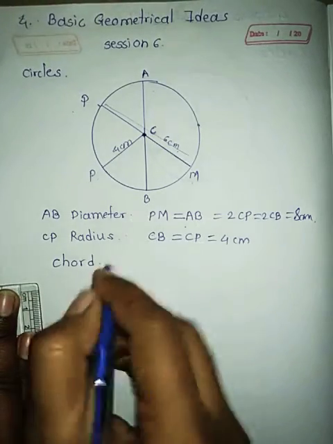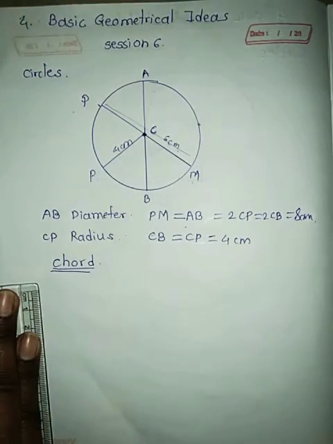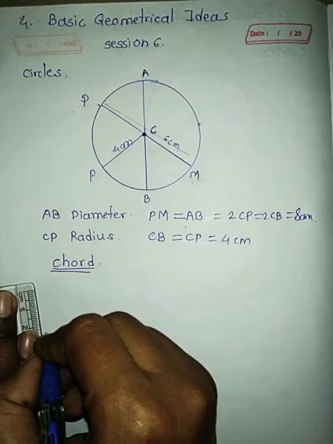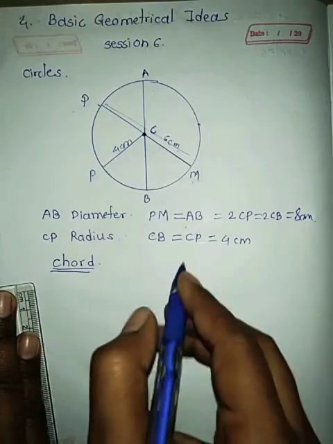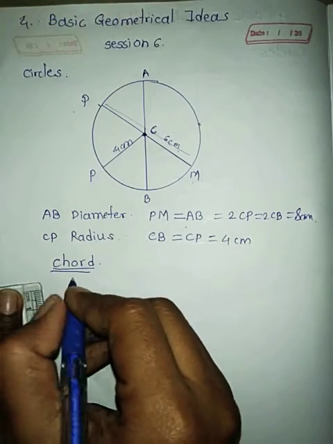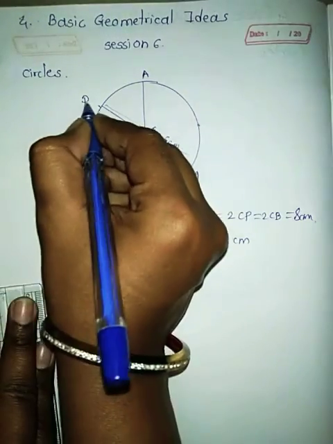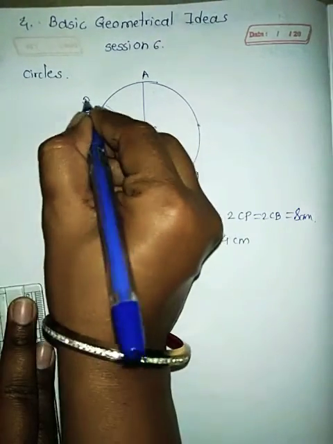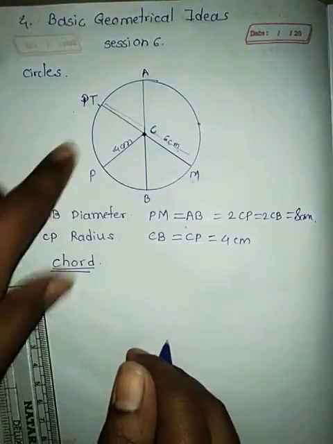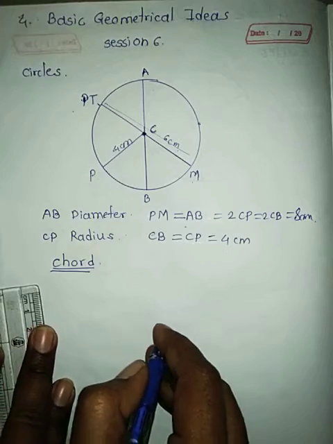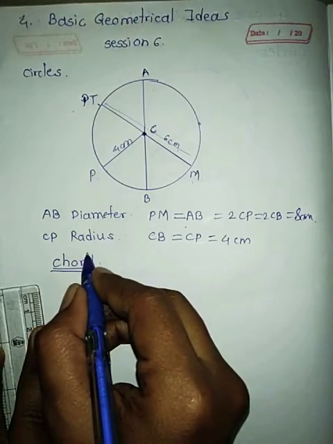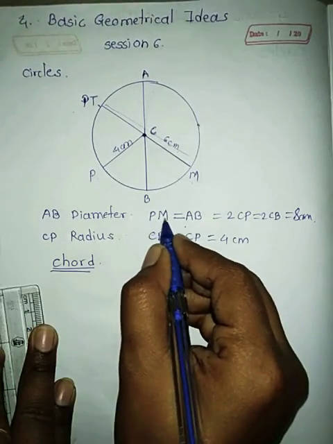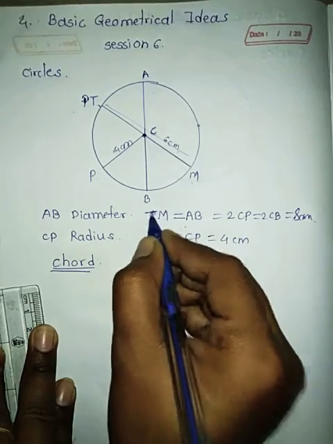Now a chord is nothing but the line which is joining 2 points on the circle. Suppose here M, here it should be T, because P is again used two times, so here TM, not PM. Take here TM.